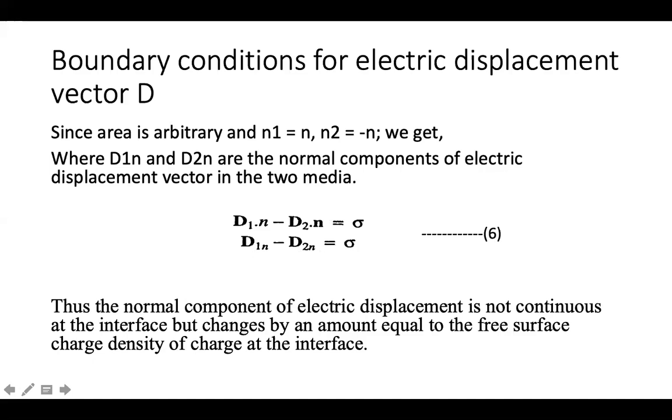It means the D component, or the electric displacement, is not continuous at the interface, but it is changing by an amount equal to the free surface charge density at the interface. Near the interface, if you have some charge, then the continuity changes with respect to the value of the charge. So this is what it depicts.